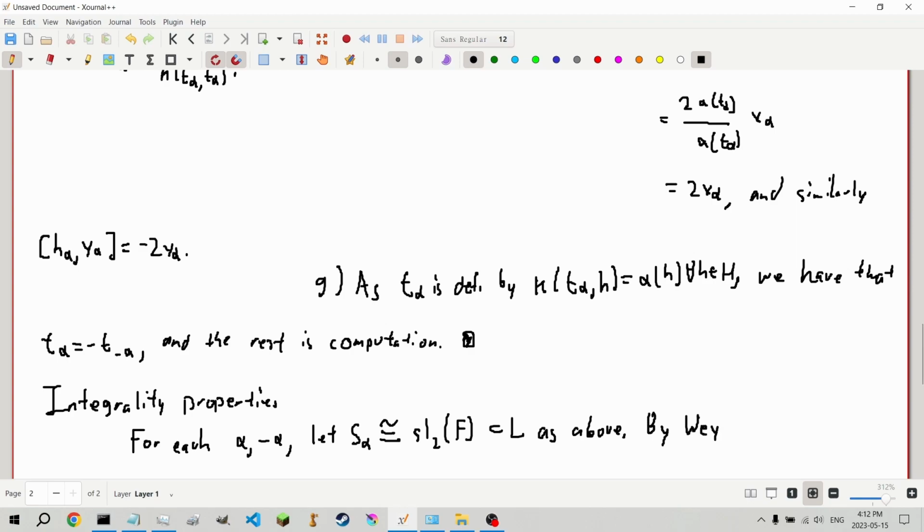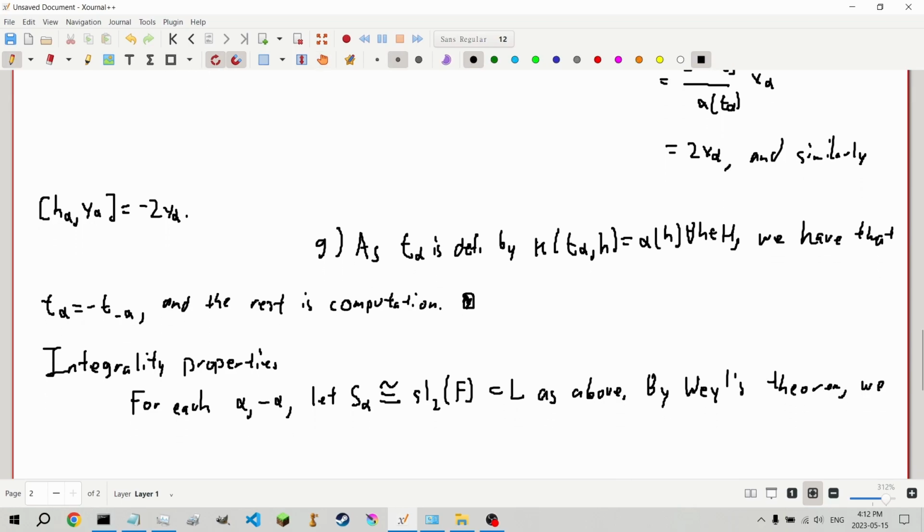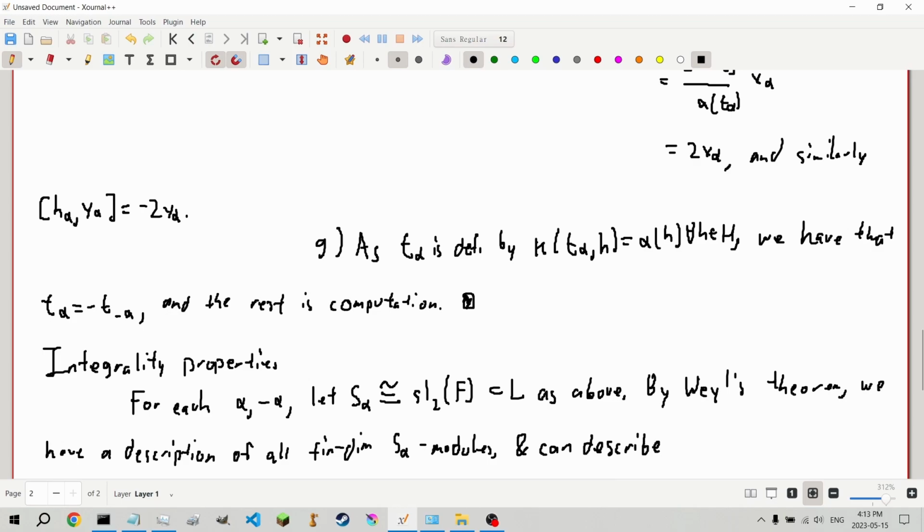By Weyl's theorem and previous results, we have a description of all finite dimensional S alpha modules and can describe the L adjoint of S alpha.